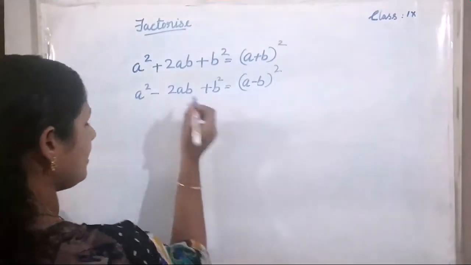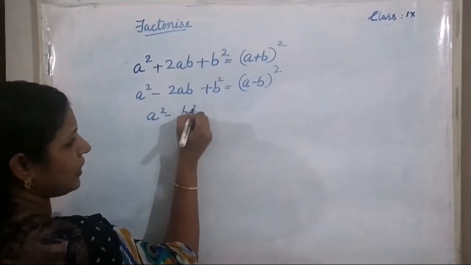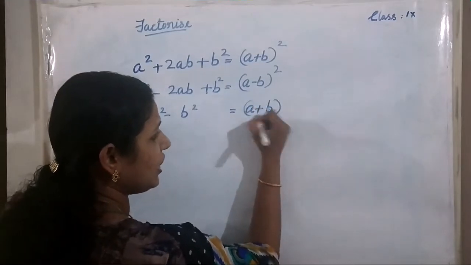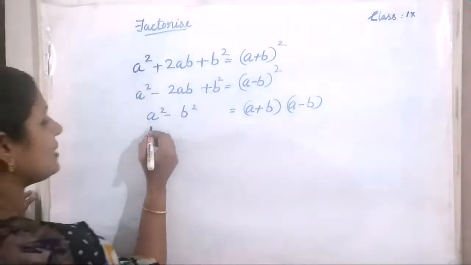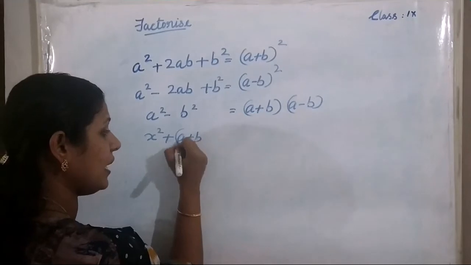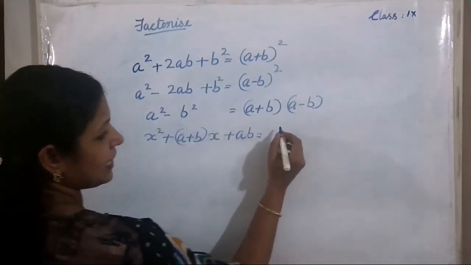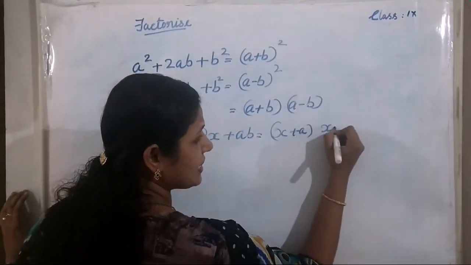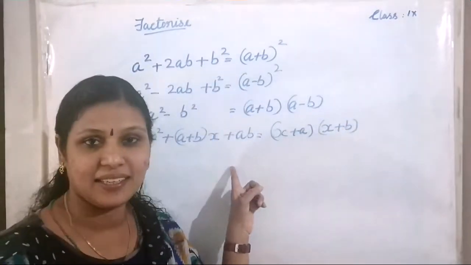Other identities: a square minus b square is (a plus b)(a minus b), and x square plus (a plus b)x plus ab is (x plus a)(x plus b). All of you know about these identities.